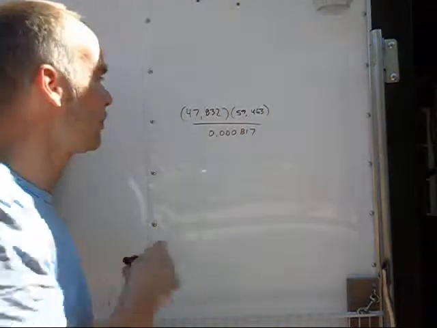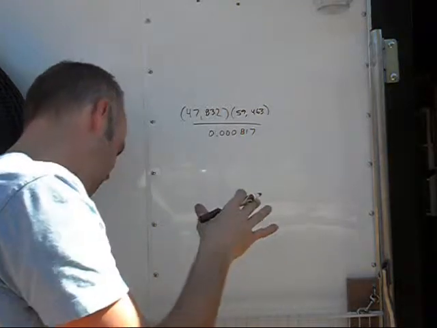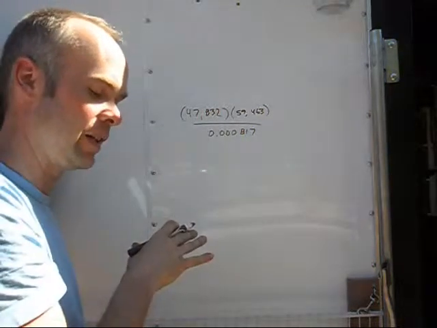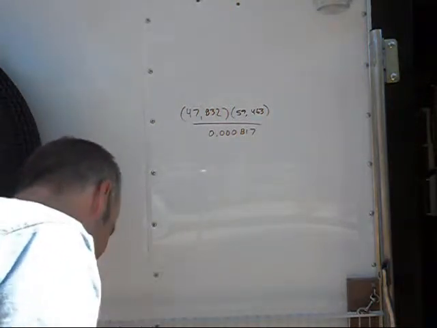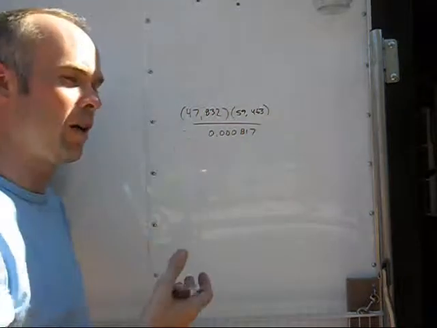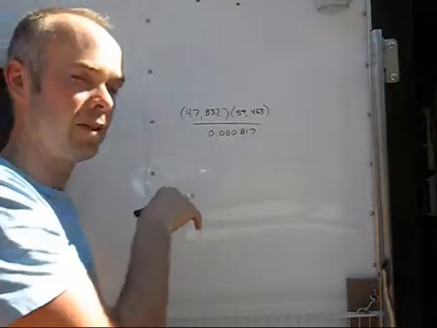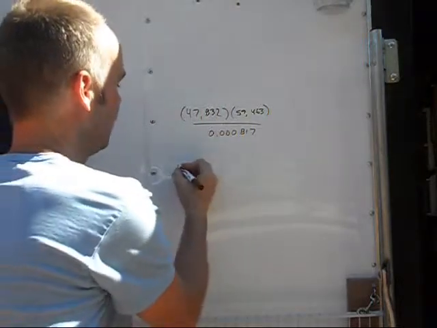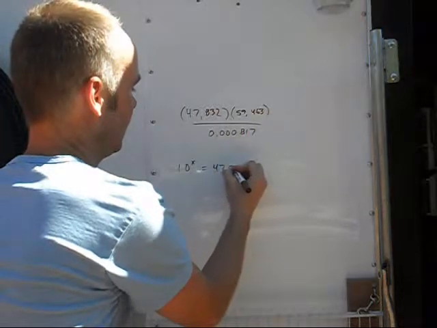basically calculate the anti-logarithm of these. I'm sorry, saying that wrong. We'll use the log key to find what is the power of 10 that each of these values are. So for example, we're saying 10 to the x is equal to 47,832.